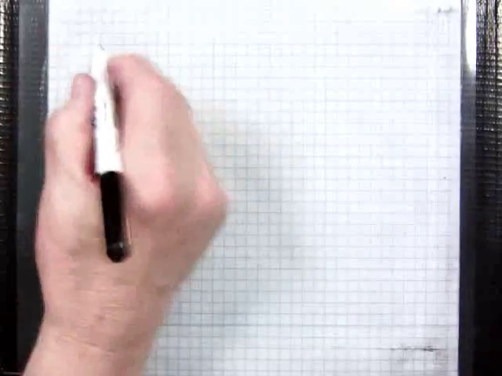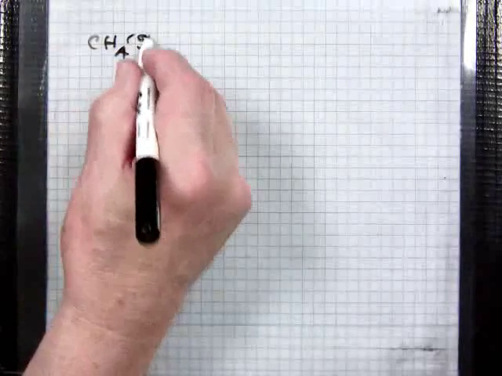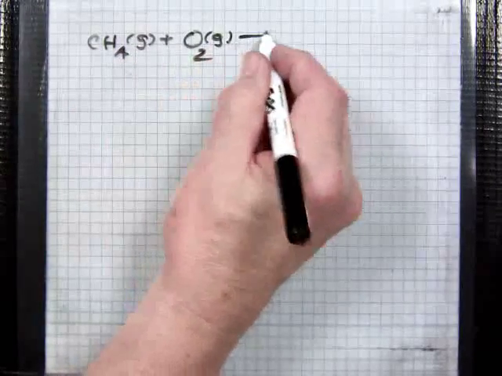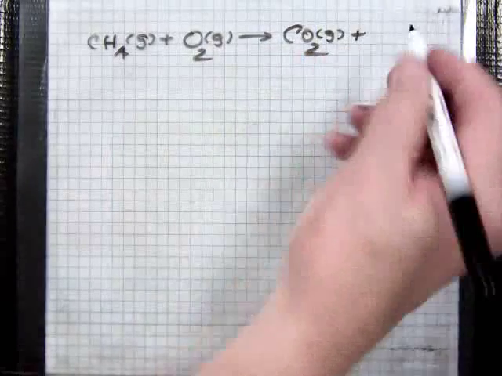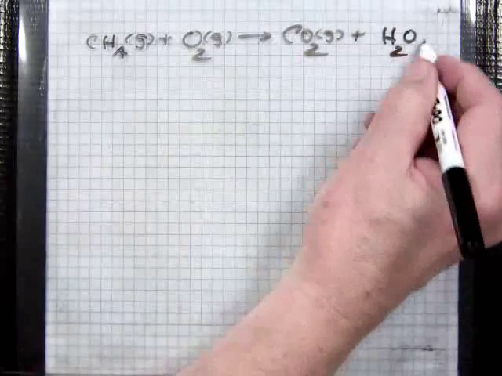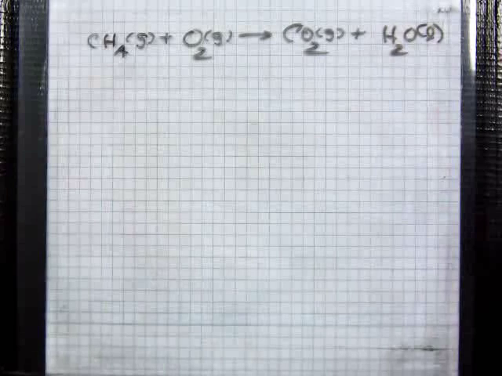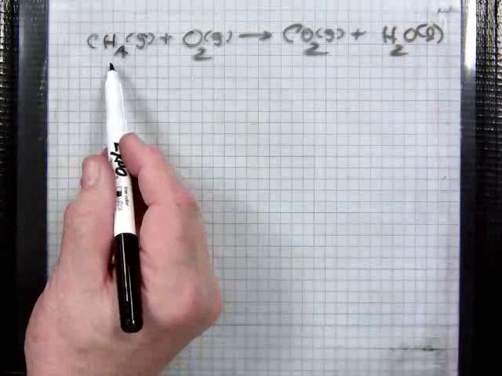Okay, the point being is if I have an equation, say methane in gas form, and oxygen in gas form, going to CO2 in gas form, and water in liquid form. I have to write oxygen as an O2 in that equation. Well, there is only one form of CH4, methane.